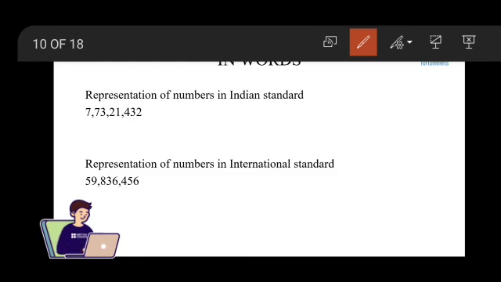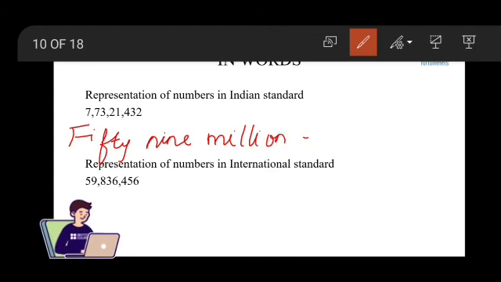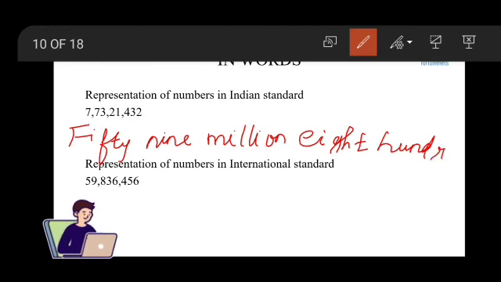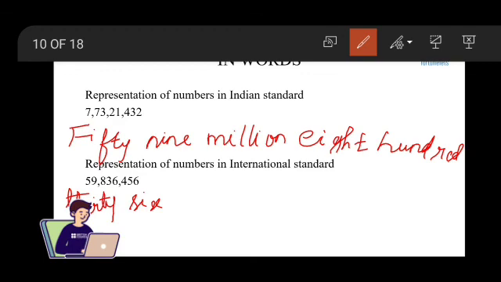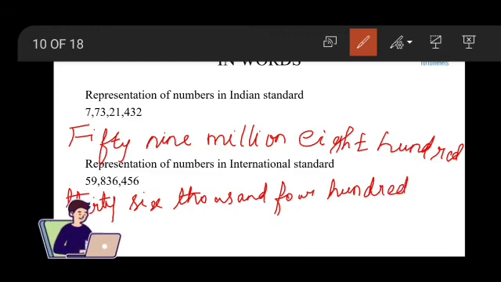The given number is 59,000,000, 800, 36,000, 456.